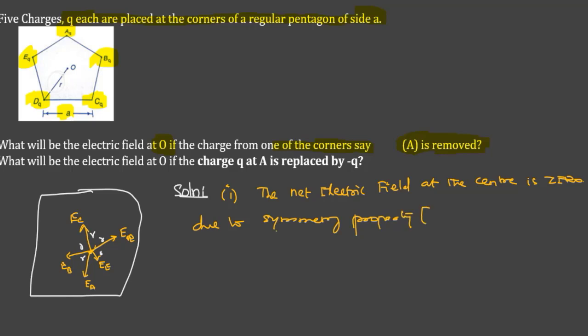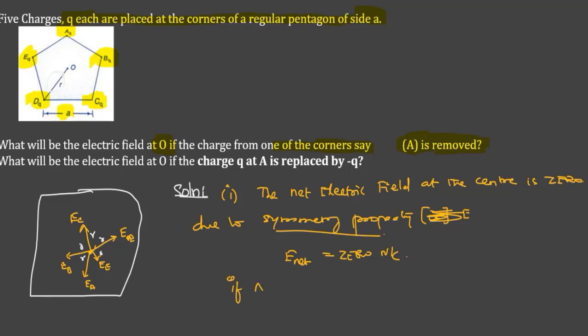That means for all the charges, the electric field is the same, acting at the same angle in different directions. So E net is nothing but 0 Newton per Coulomb.